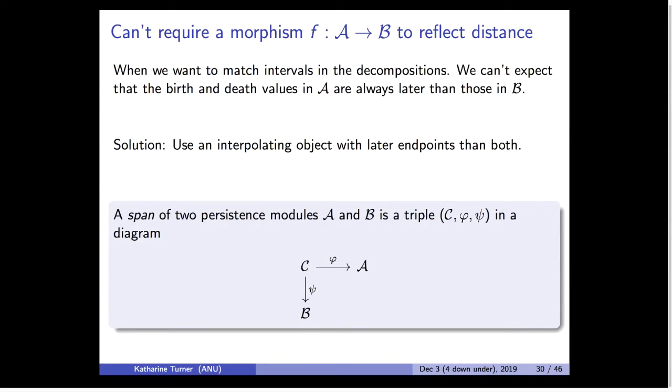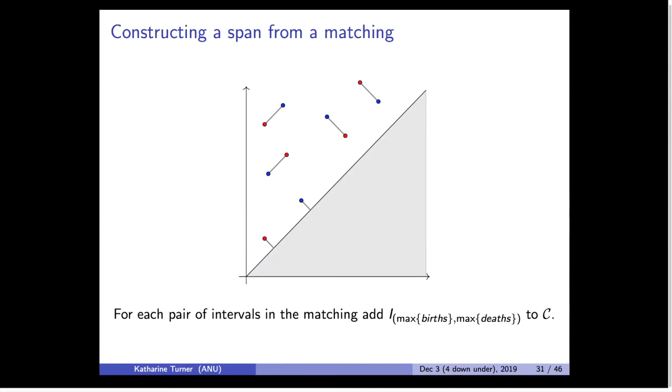For this interpolating object, I'm going to make sure its endpoints are late enough that it can send things to both A and to B. This is what we define as the span of two persistence modules, standard notation within homological algebra generally. So this span of modules is not a new concept. The question is, how do we construct a span from a matching?